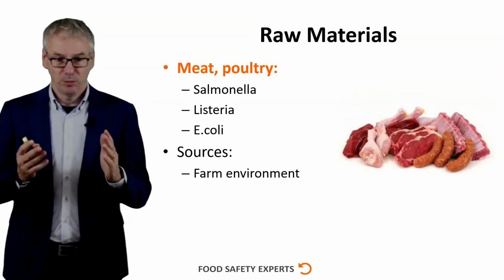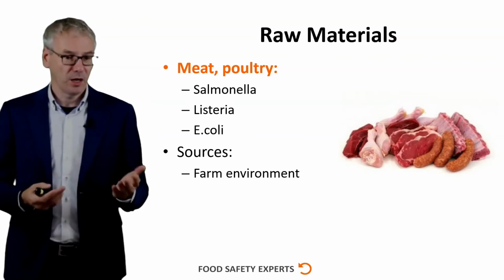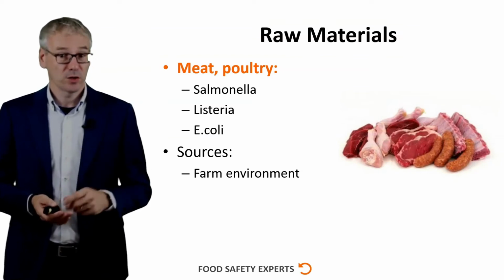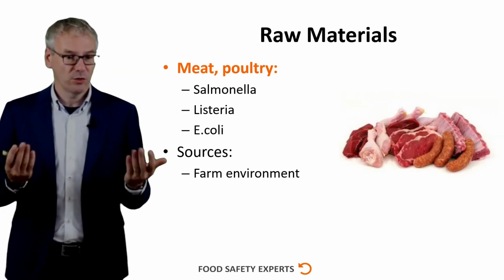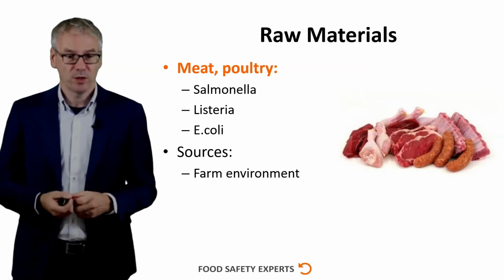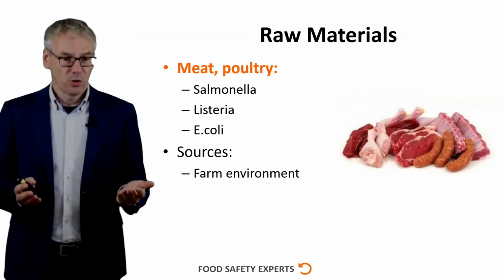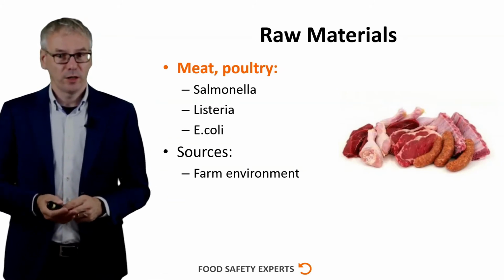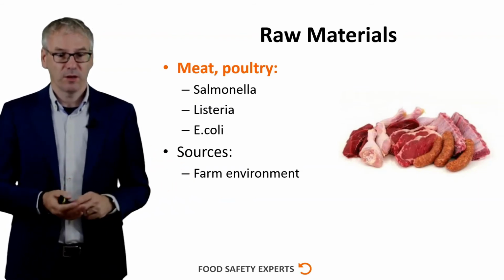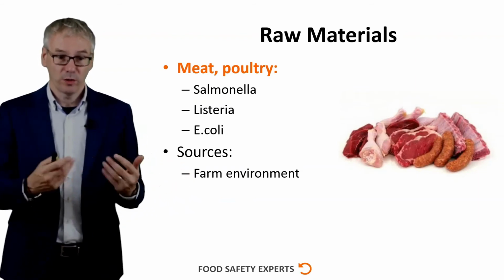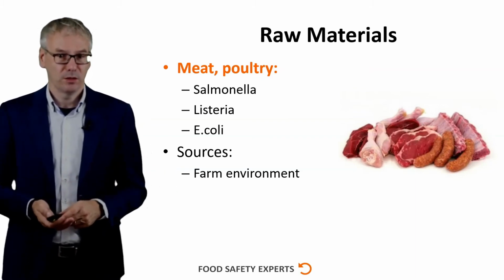There might be manure and animal feces lying out and about, and that's where salmonella especially and E. coli will be present. And listeria, you might say, is omnipresent. It is already present in street dirt. So the external farm environment is not a very clean place. And if animals are contaminated, either on the exterior or even internally, then it might end up in your meat or poultry.